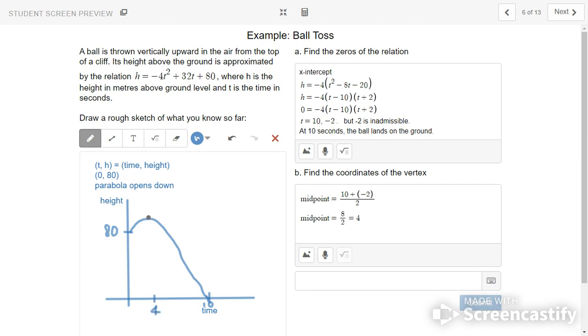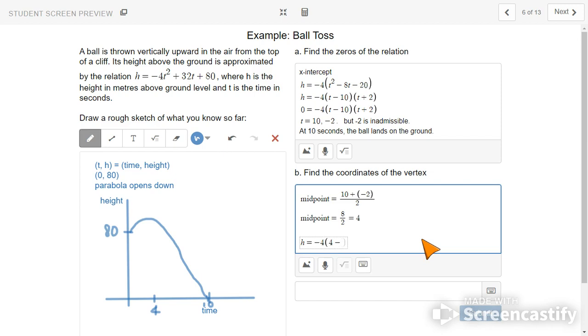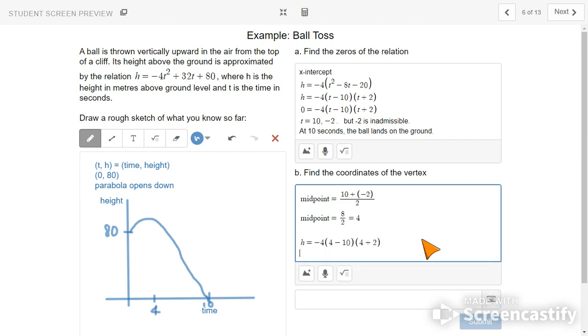So we know the vertex happens somewhere where t is equal to 4. I'm going to substitute this back into our equation. And you could substitute it into any form you like. I actually think substituting it into the factored form might be easier right now. I'll do that. -4 times 4 minus 10 times 4 plus 2.